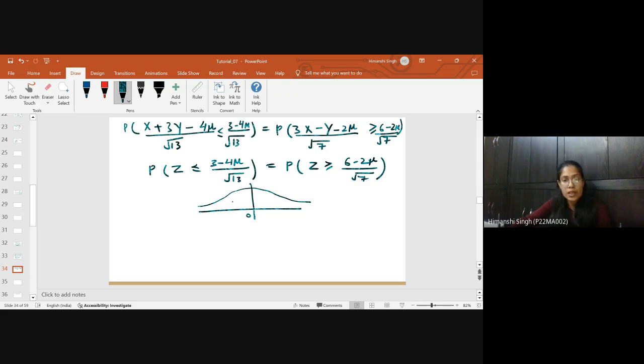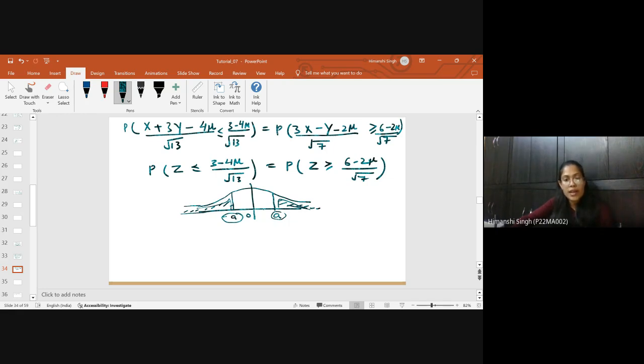If I consider this to be minus a and this to be a, then probability z greater than or equal to a means this area, and probability z less than or equal to minus a means this area. These areas will be equal when the points are opposite in sign of each other.